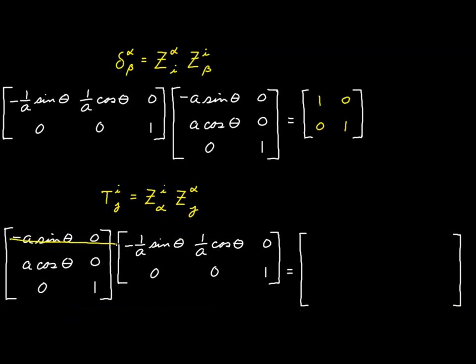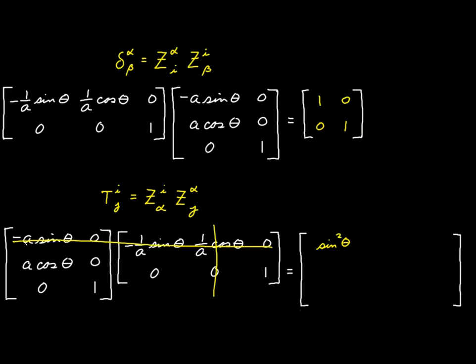First, we'll have this row times this column. So negative a sine theta times negative 1 over a sine theta is just sine squared theta. And then 0 times 0, of course, is 0. So that leaves us simply with sine squared theta as the first component. All right. Next, we're going to have this row times this column.